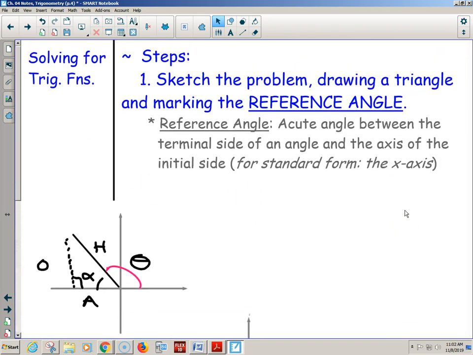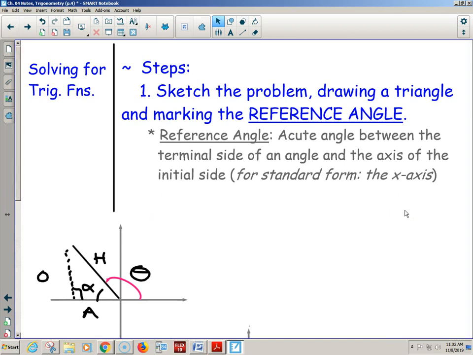A reference angle is always a little baby acute angle. It has to be less than 90 to be in a right triangle.